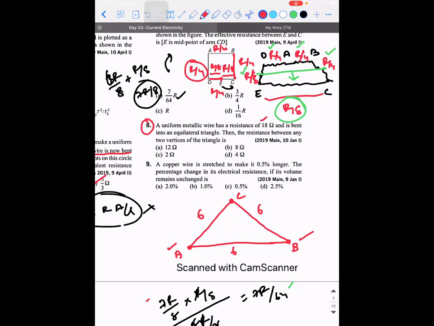What you said is correct. 6 and 6 are in series. I'm sorry, I'm wrong. 12 and 6 are in parallel. So 12 into 6 divided by 12 plus 6, 72 divided by 18 is 4.